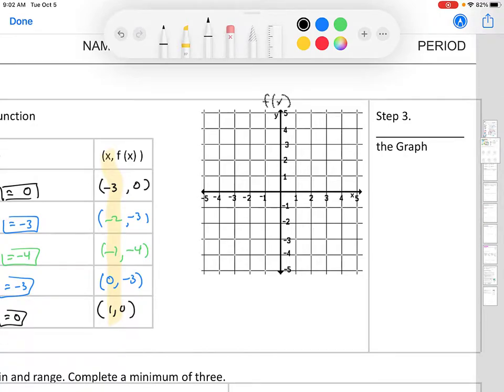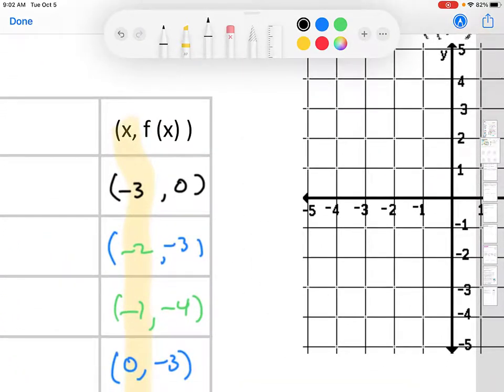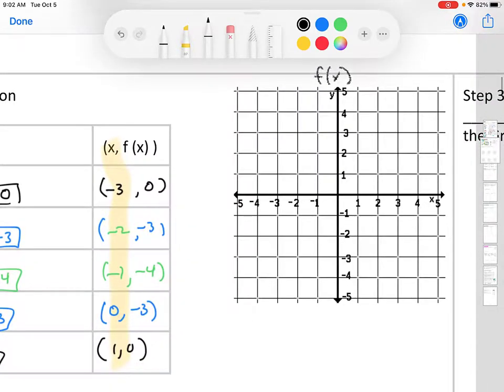Remember, that's just a fancy way of saying y. So my ordered pair is negative 3, 0. If you've never graphed before, you'll notice the x values are left to right, and f of x, or the y-axis, is just up or down. Right? X goes this way, and y values go that way.